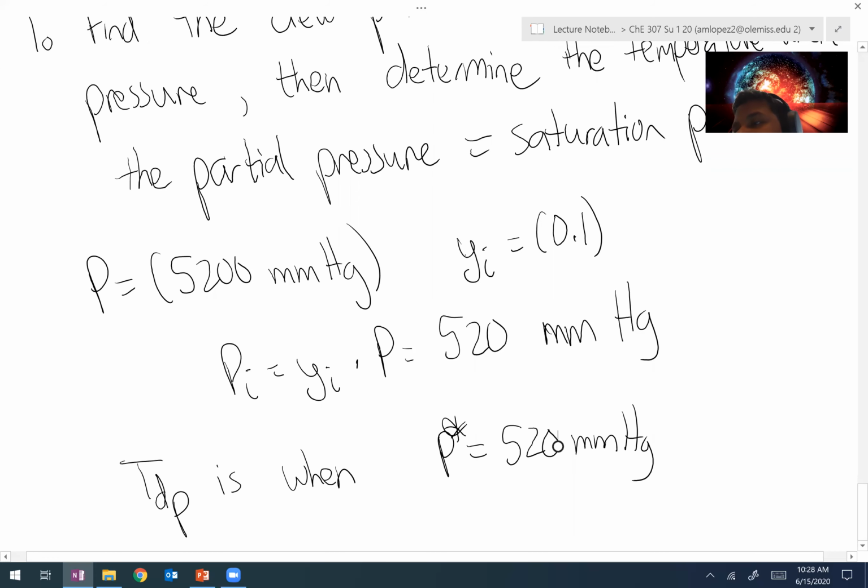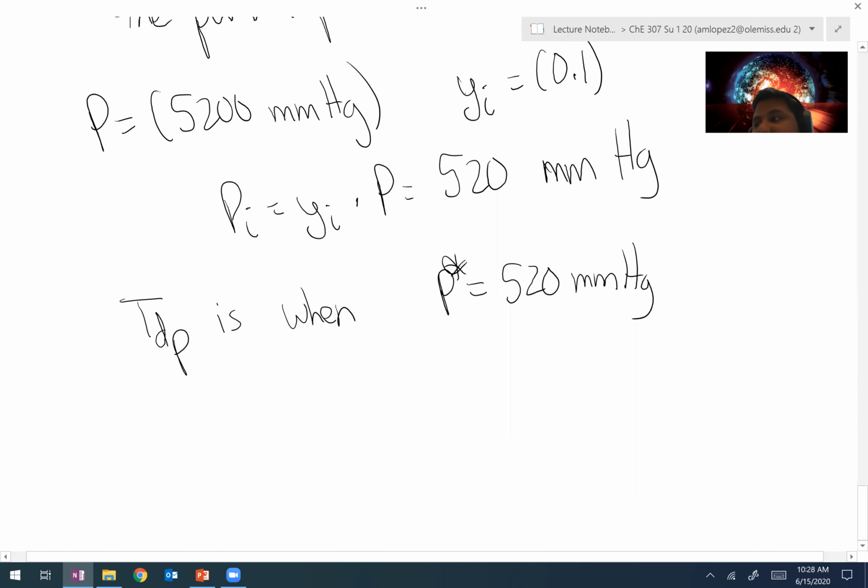Does that make sense? So how can we find this temperature?